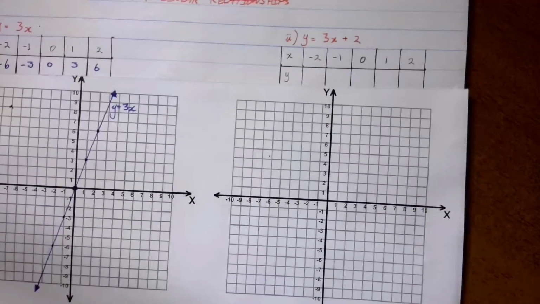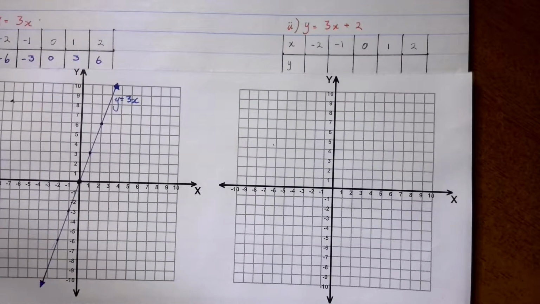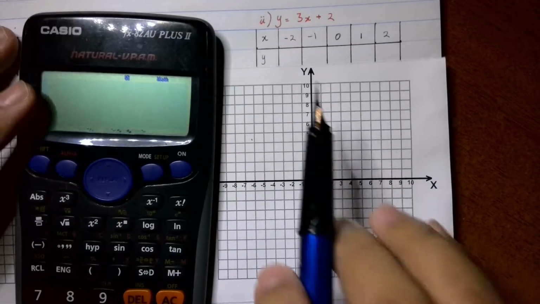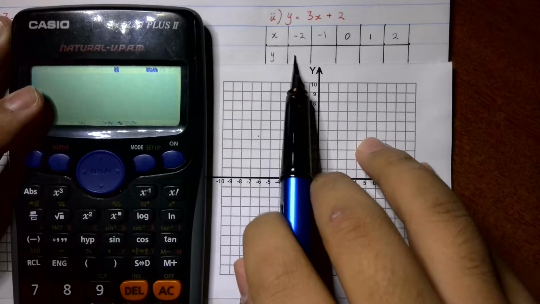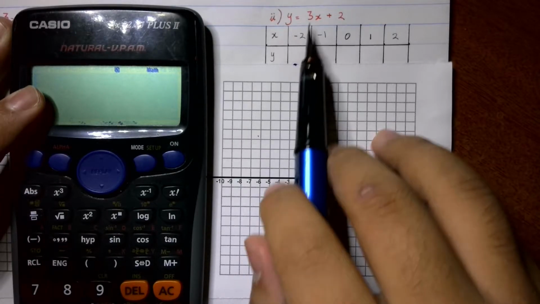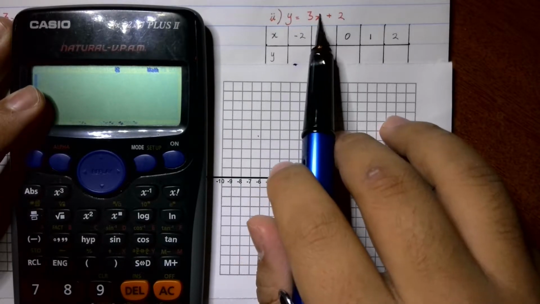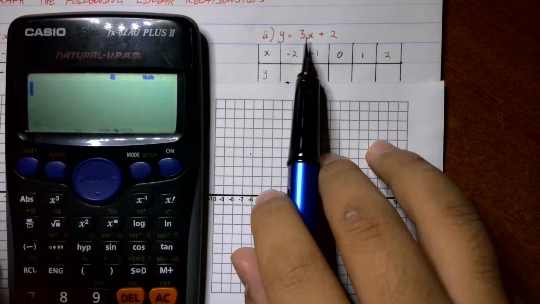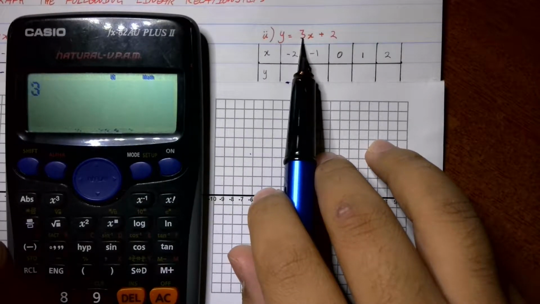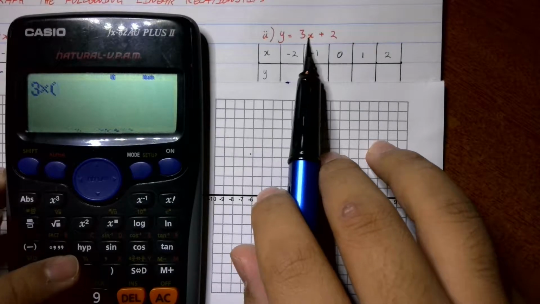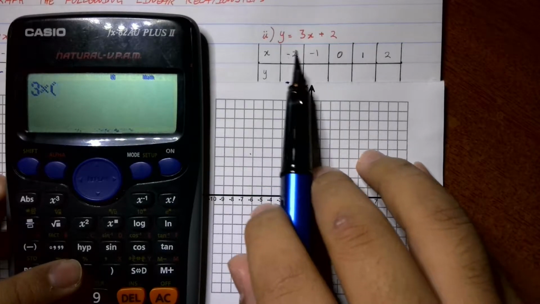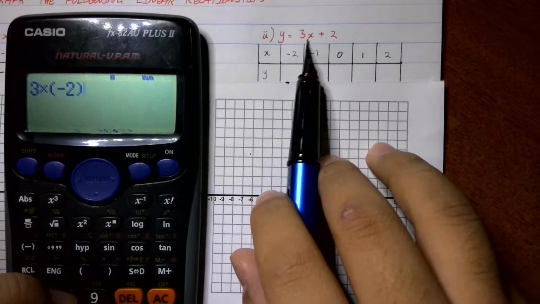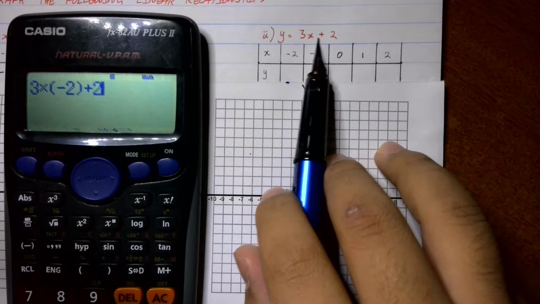You can pause the video at any time and give it a go yourself, because I'm going to be doing these at a slightly faster pace. This box means we need to substitute -2 into here. You'll see in the calculator it'll be 3 times, we are substituting this value of x, so 3 times -2, close bracket, plus 2.